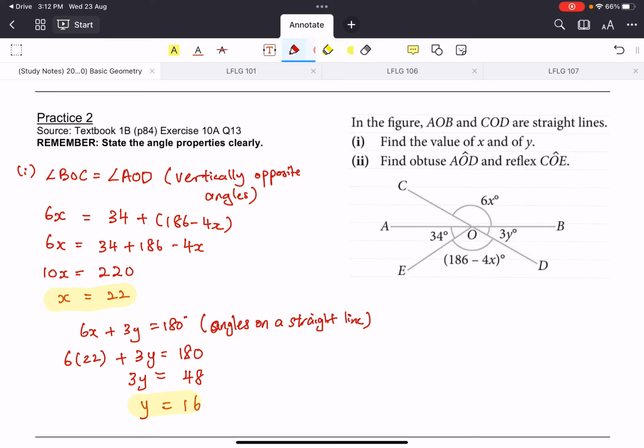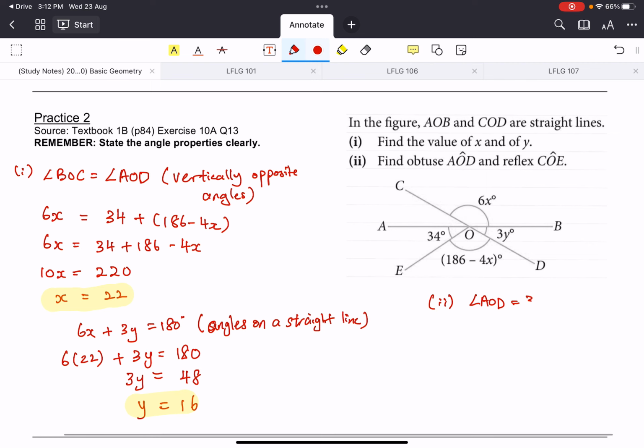So finally, just to answer the question, obtuse angle AOD, part 2. Therefore, angle AOD is equals to 34 plus 186 minus 4x, right?